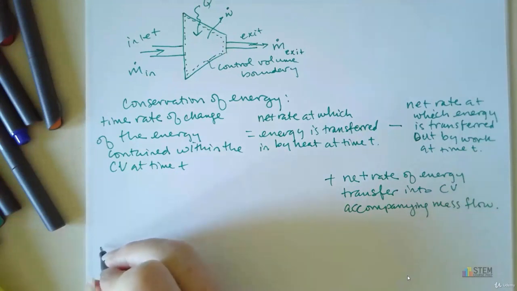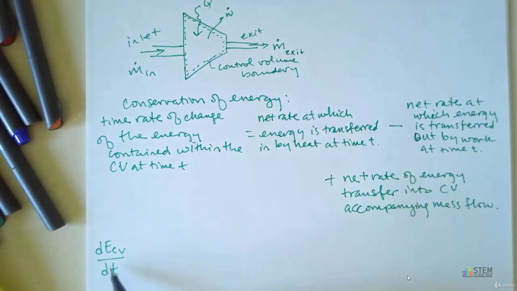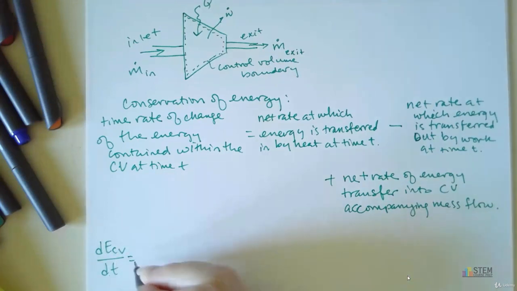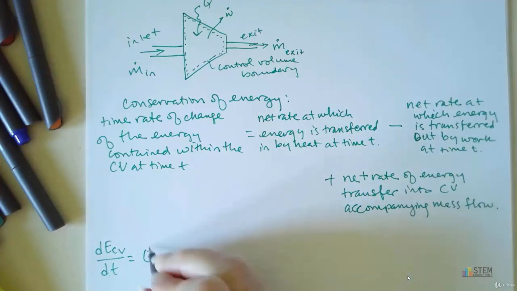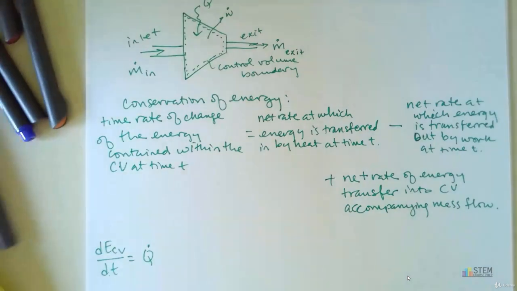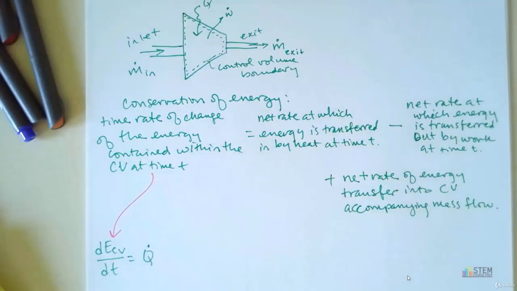Now let's get our equation in actual equation form. Left side is going to be the time rate of change of energy in the control volume. So this capital E_CV is the energy contained in the control volume. That is going to equal Q dot. So this here goes with this.